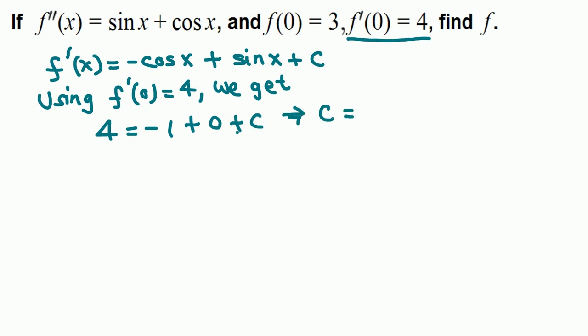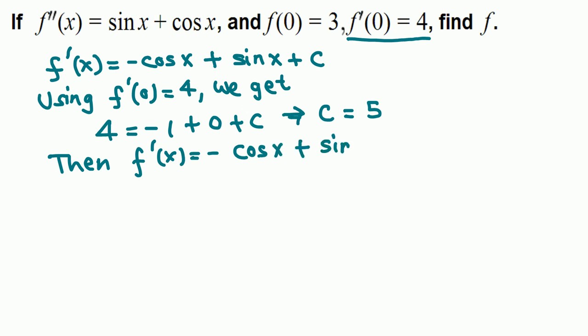c is negative 1 plus 0, so negative 1, move this over, that means add 1 to both sides, so 4 plus 1 is 5. Then we can rewrite f prime of x as negative cosine x plus sin x plus c, where c is found to be 5, so plus 5.